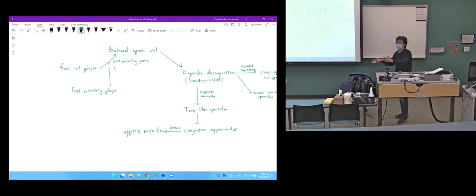I just presented it as a way to construct an expander when you have a cut player and a matching player, and how to get an expander from both players.